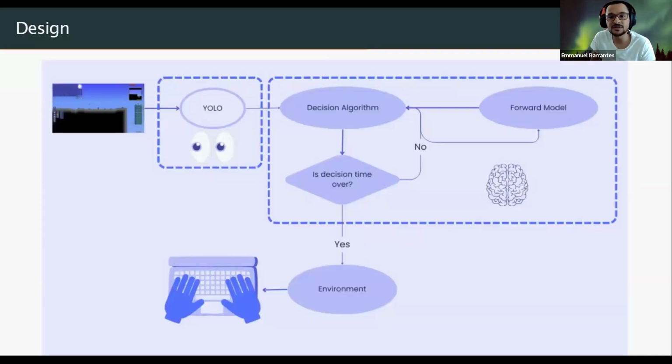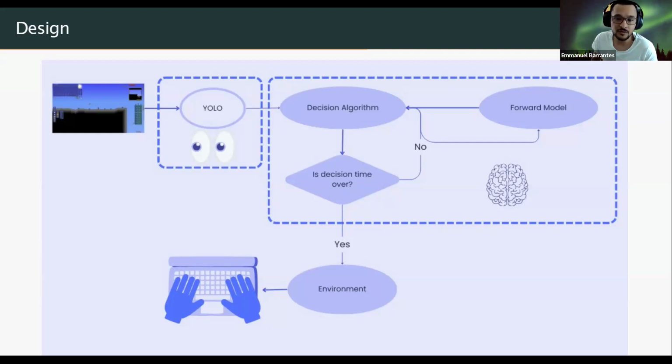The architecture for this intelligent agent consists of 4 components that simulate the cognitive and motor skills of an intelligent entity. The first one is the YOLO model, which would be like the eyes of the agent, interpreting and understanding the environment. The second one is the forward model. It could be seen as part of the agent's brain, allowing the agent to anticipate and simulate future scenarios based on past actions.